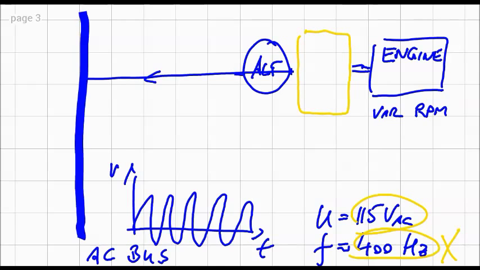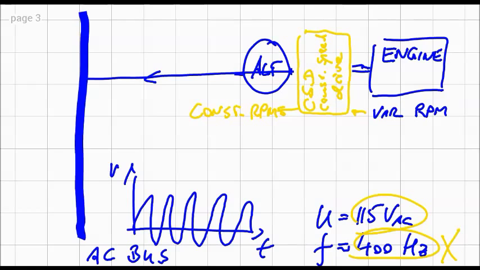This gearbox changes the variable RPM from the engine into constant RPM. And consequently we call this thing the constant speed drive.